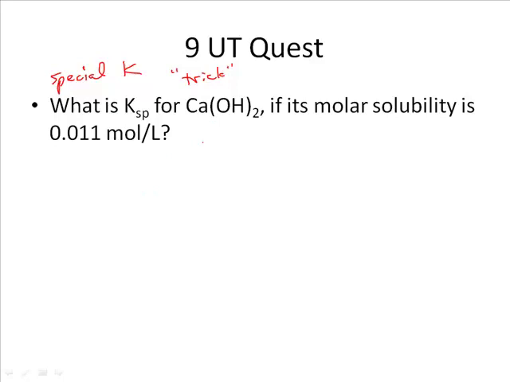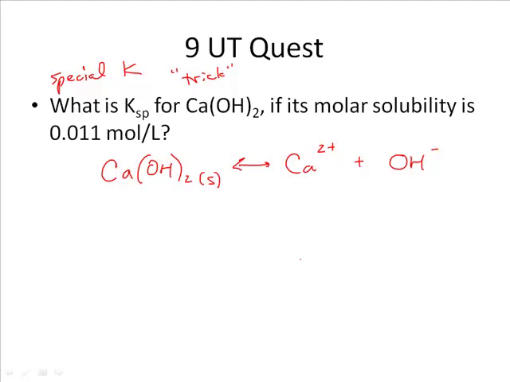So this substance, calcium hydroxide. Whenever you have a KSP problem, that means that it is a solid dissolving into its ions. So the first thing to do is to write the equation for how the substance dissolves. Now, if you look at this equation, is this equation balanced as written right now?